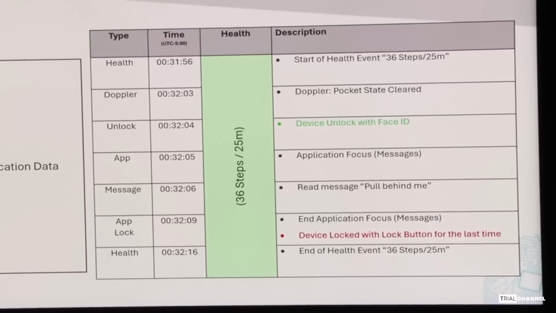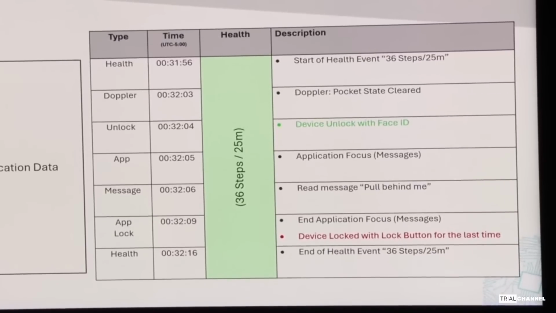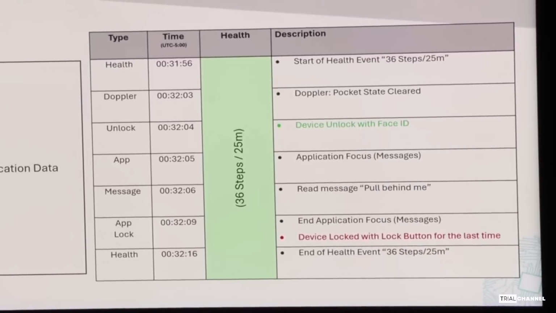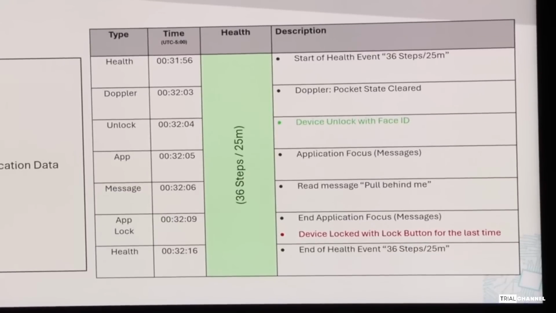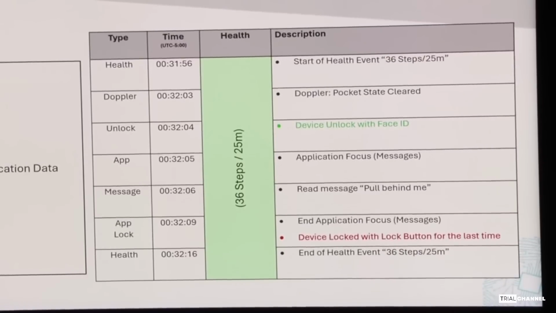So it's 12:32:09 a.m. on January 29, 2022. I'm going to read what it says in red, and this is a timeline of Mr. Whiffen. You know Mr. Whiffen? I do know Mr. Whiffen. He put in red, not us, device locked with lock button for the last time. Do you see that? I do.